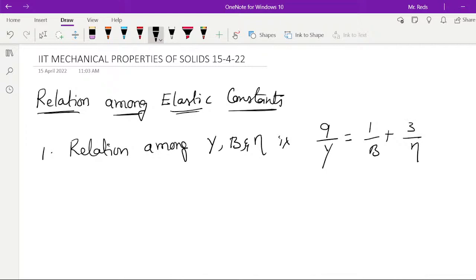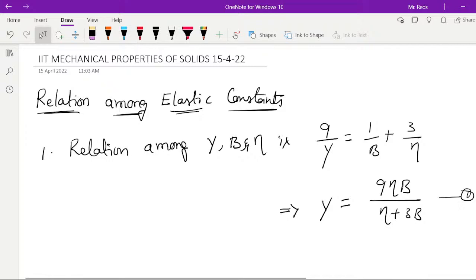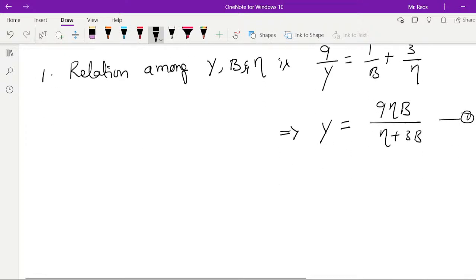This can also be expressed as, taking the LCM, Y is equal to, we write it as eta plus 3B by B into eta. If you multiply here, you will get 9 eta B, and if you take the reciprocal, we get Y equals 9 eta B divided by eta plus 3B. This is one of the relations. You can take this as equation 1.